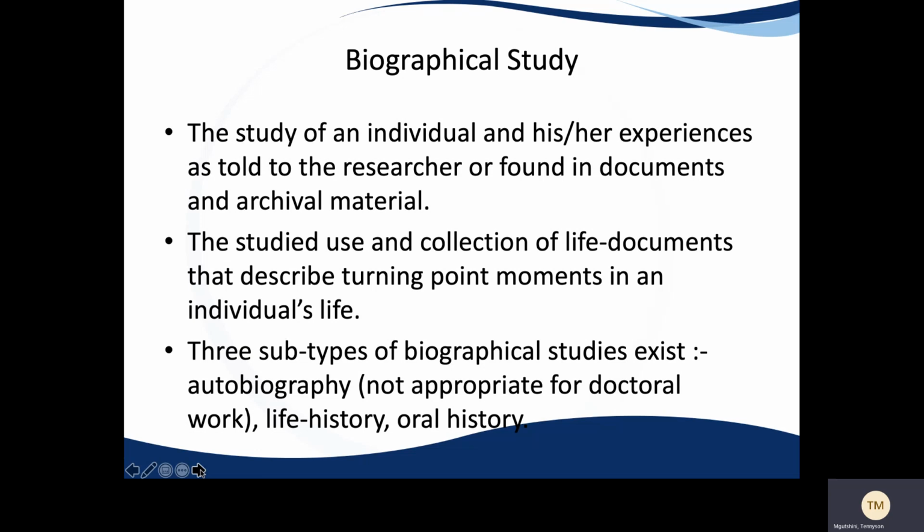And the first tradition is this biographical study. And basically in the biographical type of qualitative research, the focus is on studying an individual and his or her experiences as told to the researcher or as found in documents and archival material.